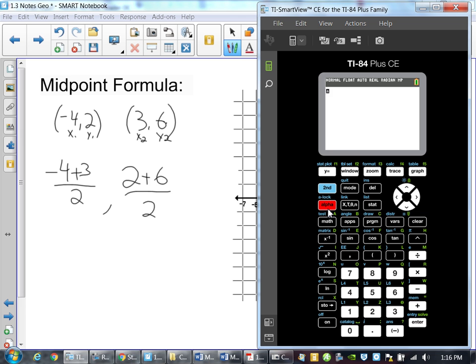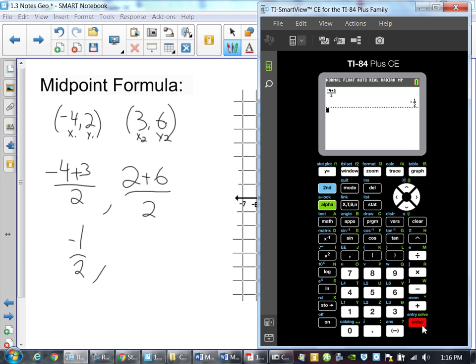You would create a fraction bar, and you type it in. -4 plus 3 over 2, and hit enter. And it gives you the fraction. It gives you the number. It tells you exactly what it is. Okay. You get -1/2, the average of the x's.